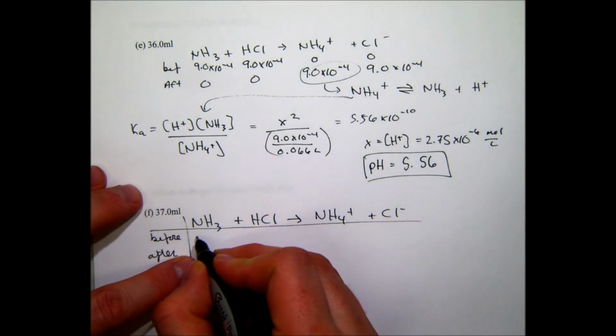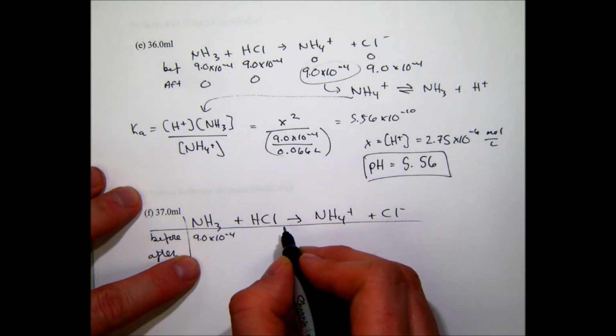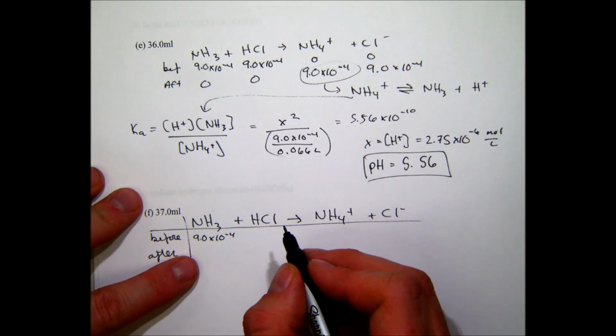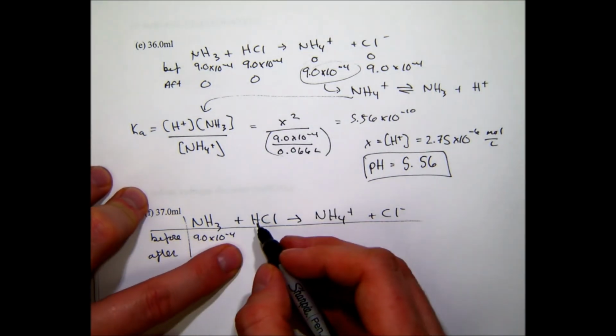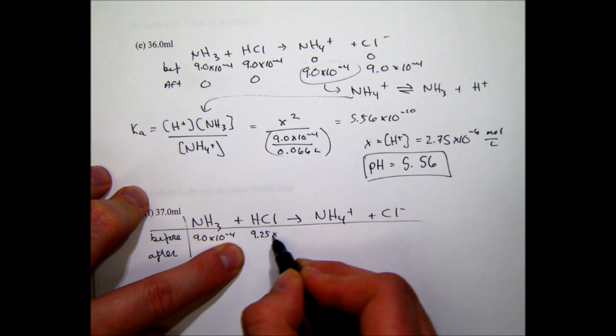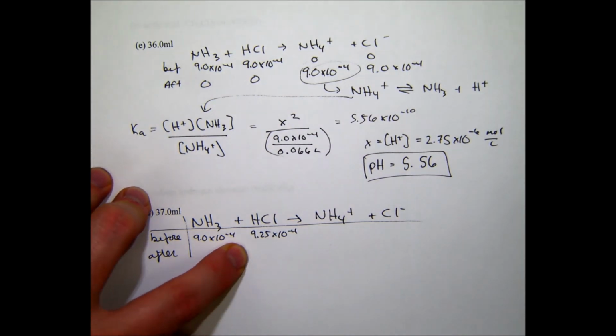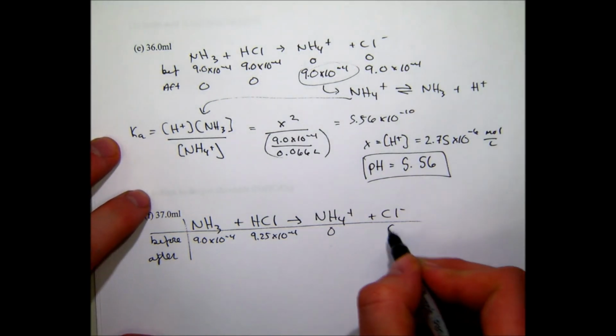So before, as always, multiply 37 milliliters by the concentration of HCl, and you'll get 9.25 times 10 to the negative 4. So for the first time, the amount of HCl is now above the base, assuming we have 0.